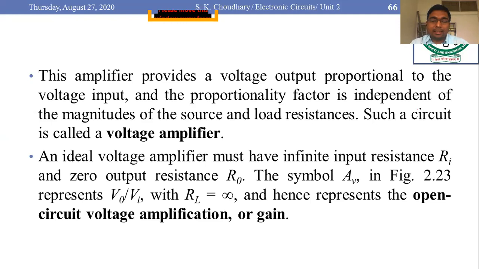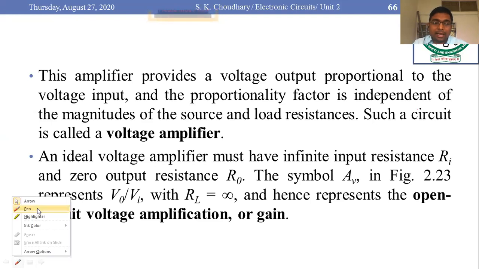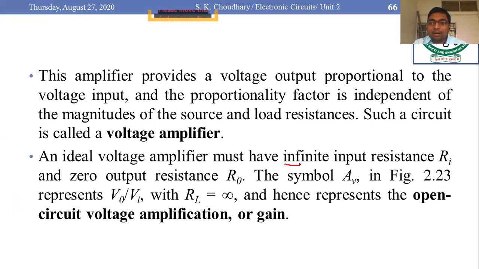That is a practical case. But ideally, if you want to represent the ideal voltage amplifier, in that case, Ri is infinite. Here we have taken Ri very much larger than Rs, but in the ideal case of a voltage amplifier, Ri is infinite input resistance, and R naught is zero, zero output resistance.